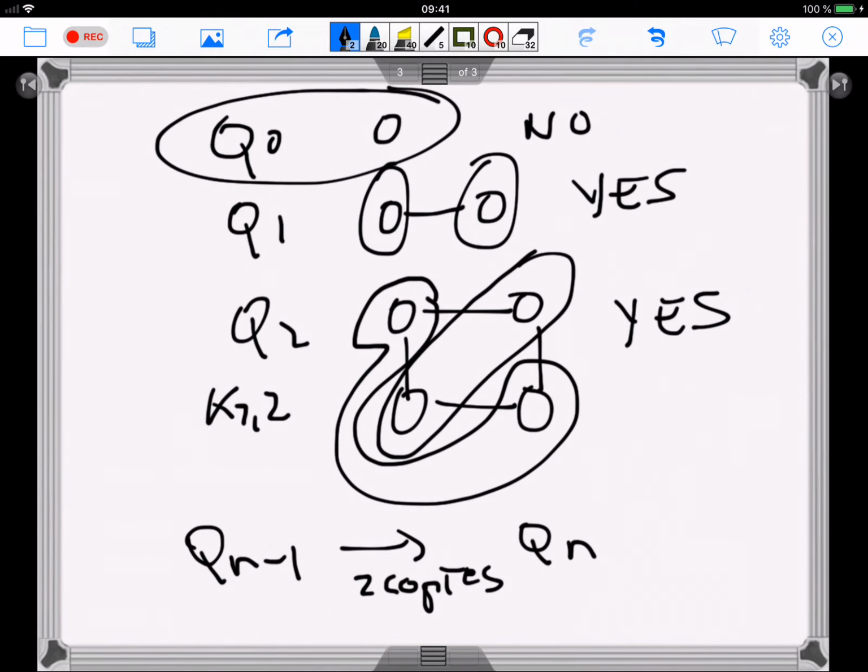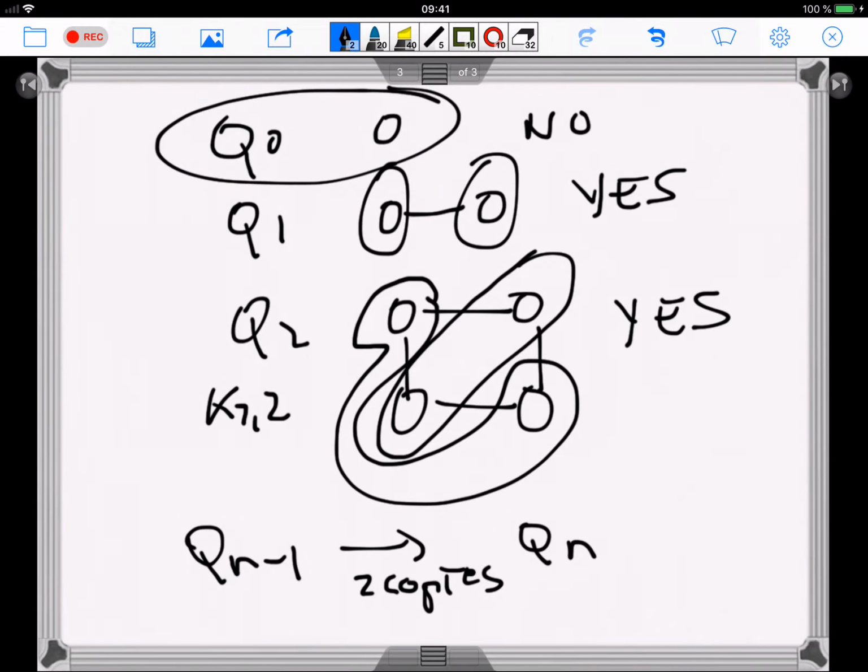Okay, so in order to form a cycle of odd length, we cannot work only in one of the copies of Qn minus 1. We have to go to the other part and then return.